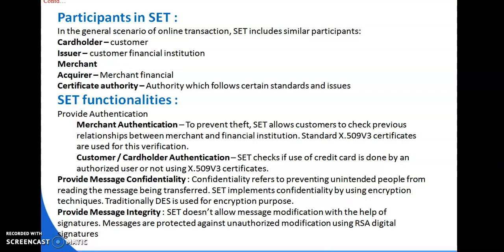Confidentiality means the data should be confidential between sender and receiver during the transmission. And integrity means the structure of the data at the sender end will be maintained till the receiver end. That is the maintenance of integrity.